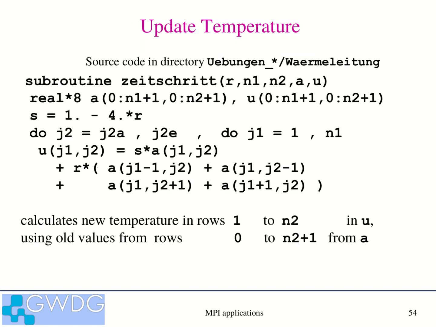So I think, yeah, the update is just done in a subroutine Zeitschritt, which gets the number of points in both directions of the grid, and the old values are stored in A, the new values in U. And I must apologize if you copied these presentation slides yesterday, I had a mistake here and a different order of A and U, but now it should be this way.